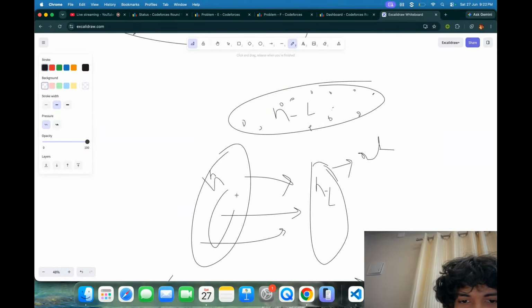Among these n minus L things, you have another condition that they should not map to themselves. Okay?